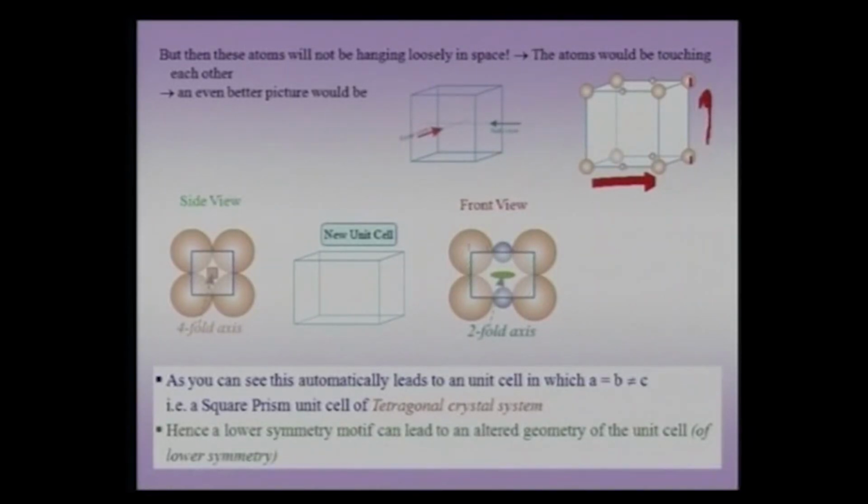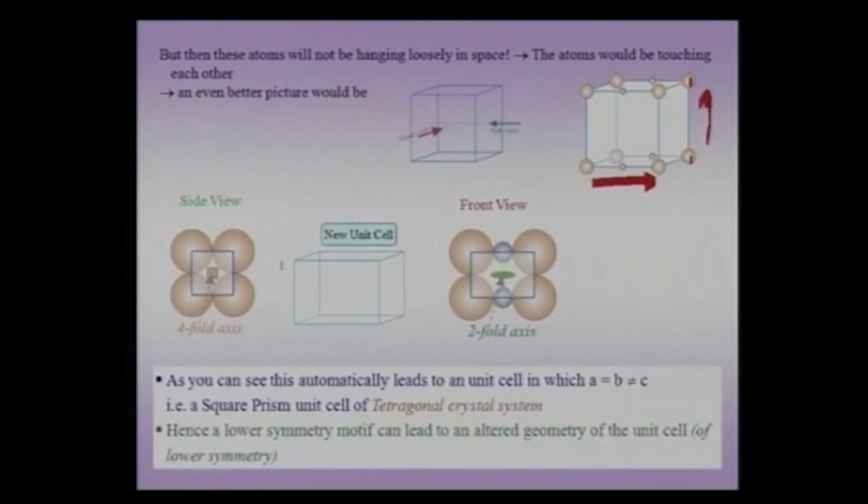I will see that this shape will turn into a rectangle, while these atoms are touching each other. So, this is the shorter length. If I look from the other direction, which is the side view, I will see a 4-fold axis and the 4 atoms would be touching each other, right. So, what is the resultant? The resultant would be a new kind of unit cell, which I have shown in the center here.